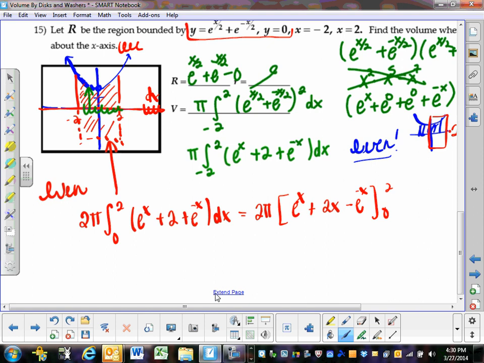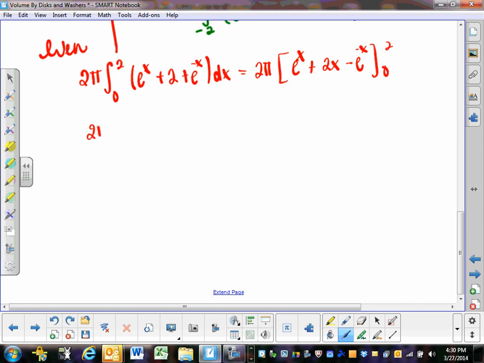So if this is a free response question, I still have my 2 pi. I would substitute in parentheses e squared plus 2 times 2, which is 4, minus e to the negative 2, close parentheses. So top minus plugging in the bottom, which is e to the 0 plus 2 times 0 minus e to the 0.